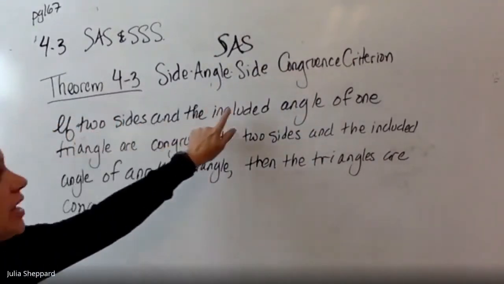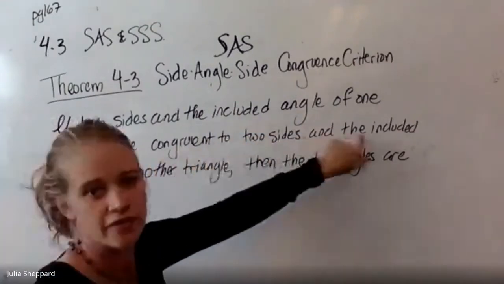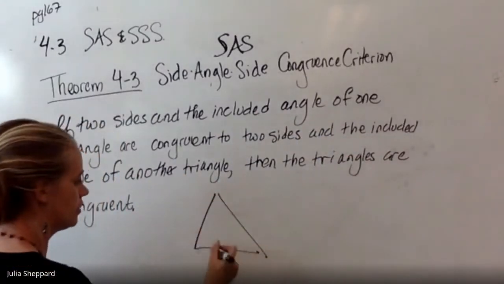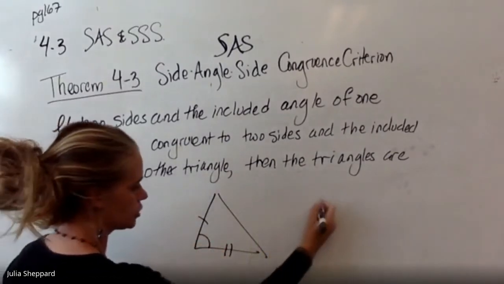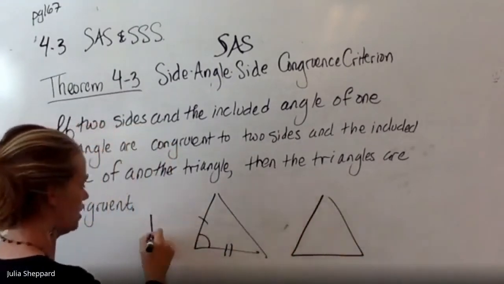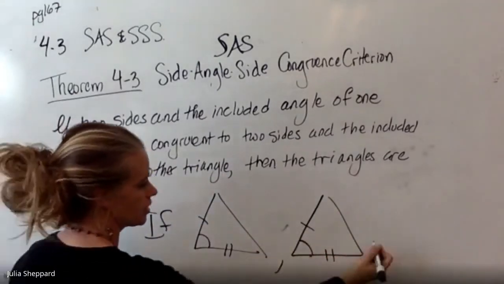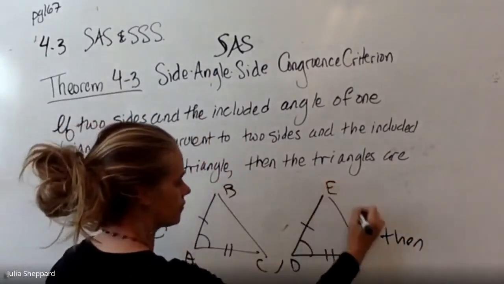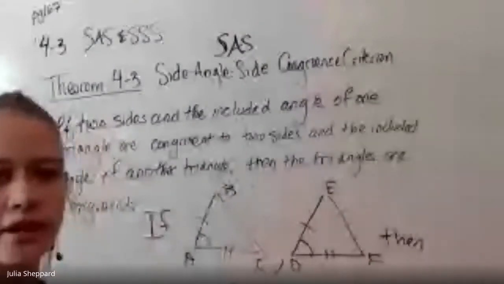If 2 sides and the included angle of one triangle are congruent to 2 sides and the included angle of another triangle, then the triangles are congruent. So if this is congruent to this, then, A, B, C, D, E, F. I have two triangles, oh, you can't read that, I'm sorry.